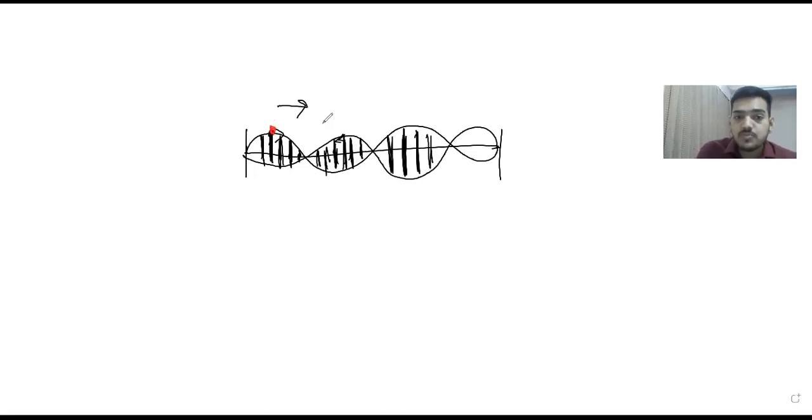For example, at these points the particles move with maximum amplitude, and at these points with minimum or zero amplitude, where the particles do not move at all. These points of minimum or zero amplitude are called nodes, and the points of maximum amplitude are called antinodes.